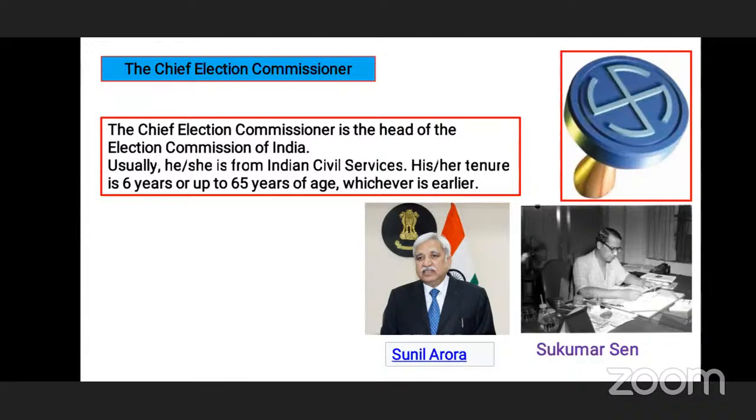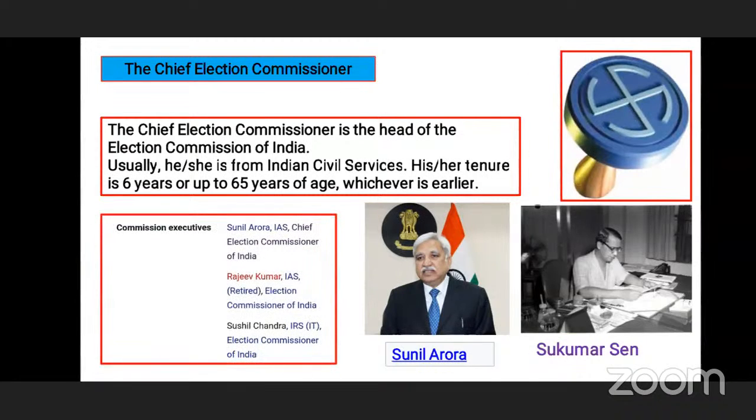The present Chief Election Commissioner is Sunil Arora. Look at this picture. Sunil Arora, IAS, Chief Election Commissioner of India. When was the Election Commission set up?